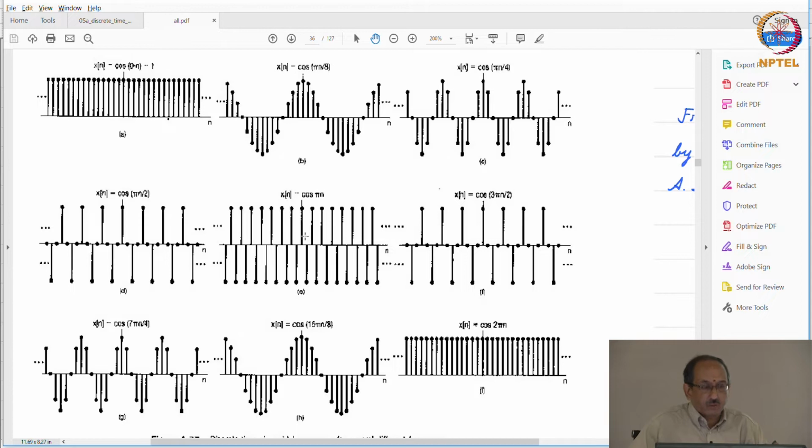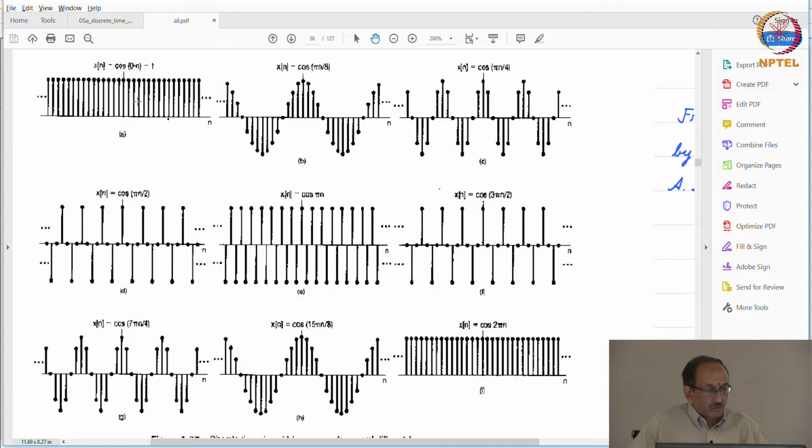Cos pi n is (minus 1) to the n, so this is plus 1, minus 1, plus 1, minus 1, and so on. And now omega naught keeps on increasing beyond pi, and this is cos 3 pi n by 2, and this is a further increase in omega naught numerically. So this is cos 7 pi n by 4, this is cos 16 pi n by 8, and clearly you see beyond pi the rapidity of the oscillations slows down, and when you hit 2 pi you are back to where you started off, namely omega naught equal to 0.